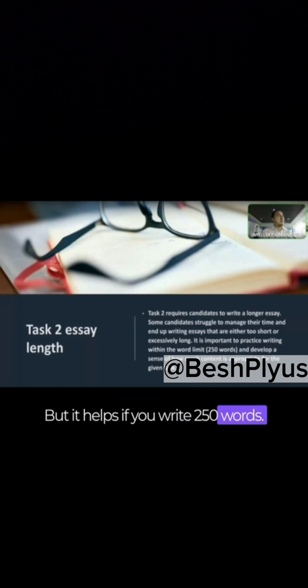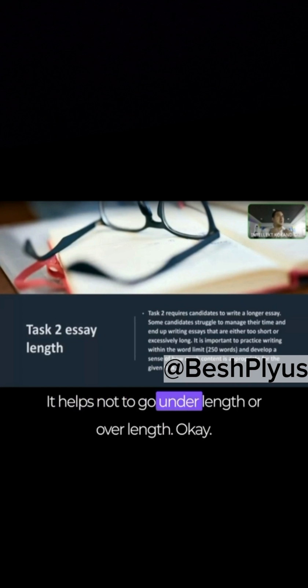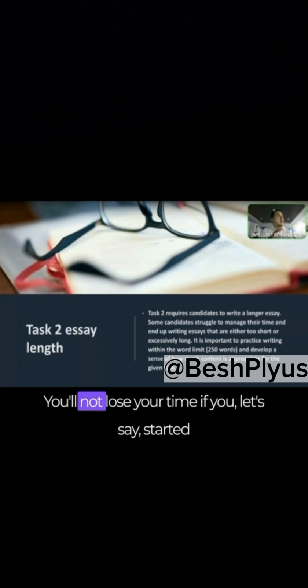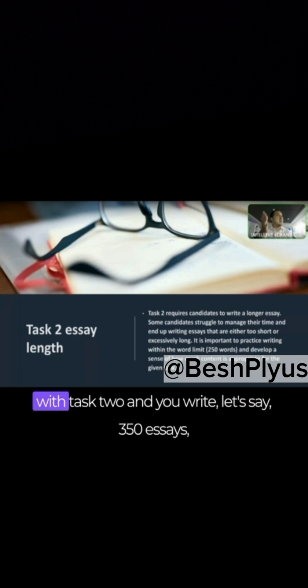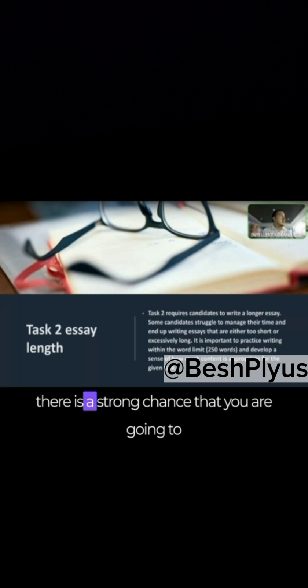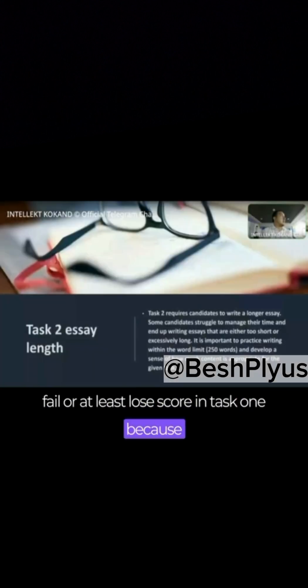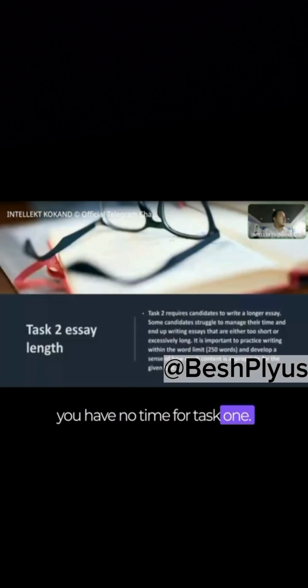If you write 250 words, it helps you not to go under length or over length. It's a question of time. If you started with task 2 and wrote, let's say, a 350-word essay, there's a strong chance that you are going to fail or at least lose score in task 1, because you have no time for task 1.